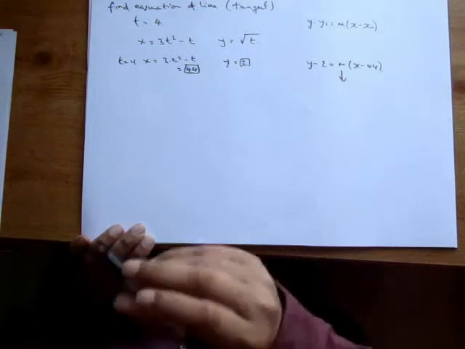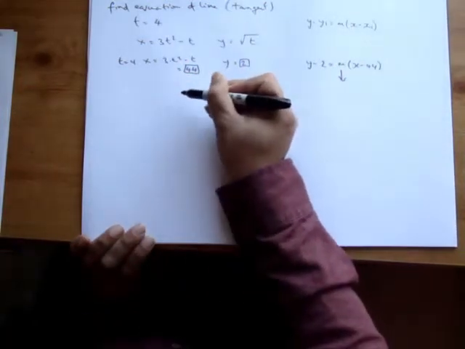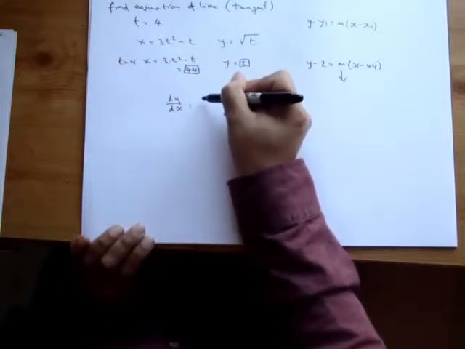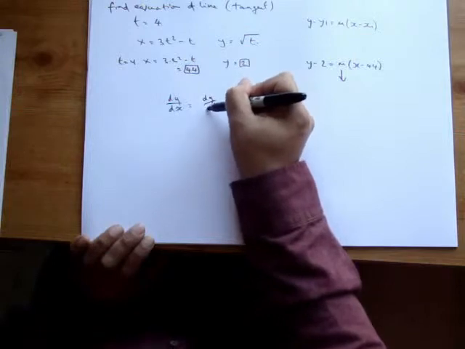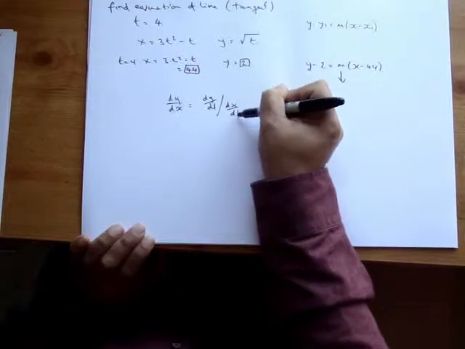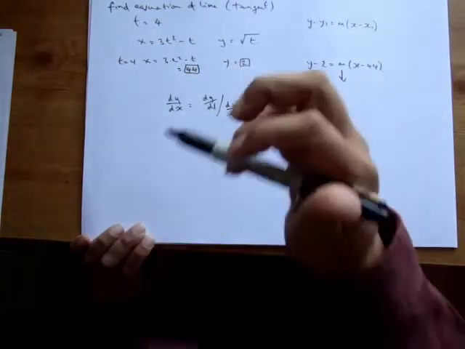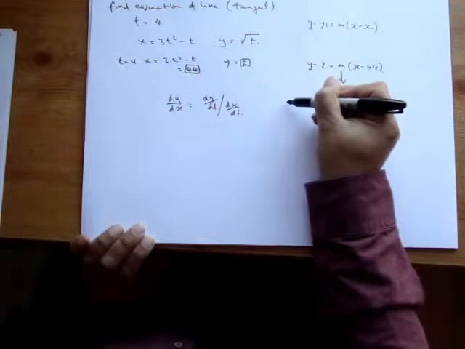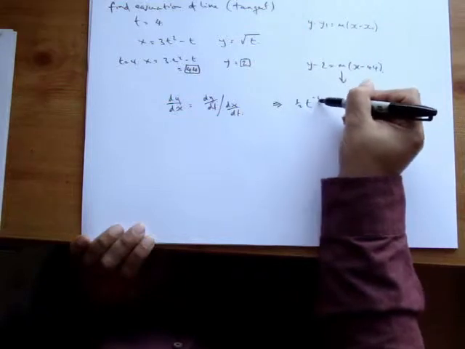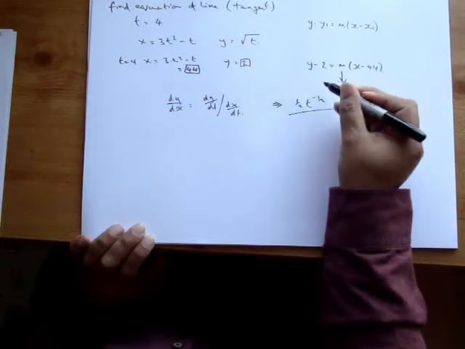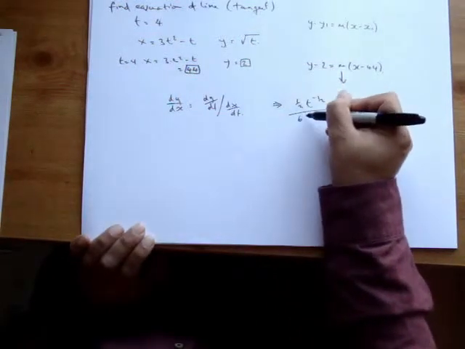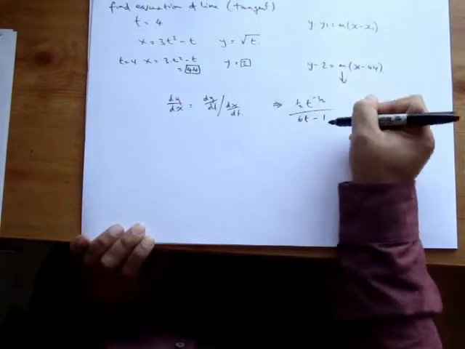So using parametric differentiation, dy by dx equals dy by dt divided by dx by dt. dy by dt is a half t to the minus half, and dx by dt is 6t minus 1.